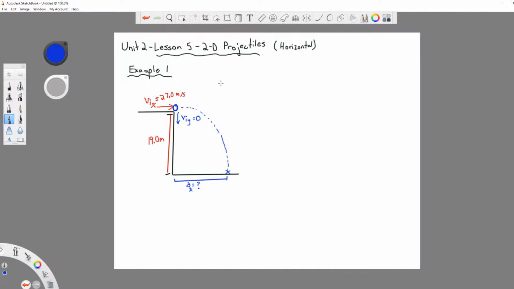Never quite this elaborate, but we can solve for variables in the y direction. So y variables. We can also set this up for variables in the x direction. So x variables.